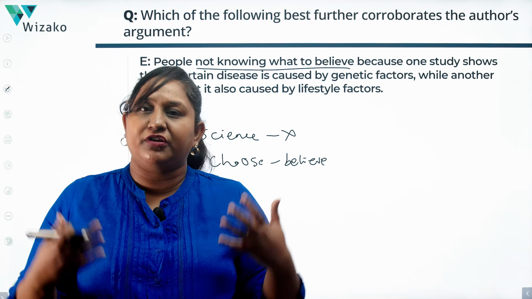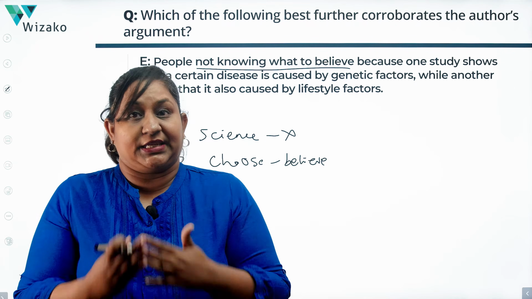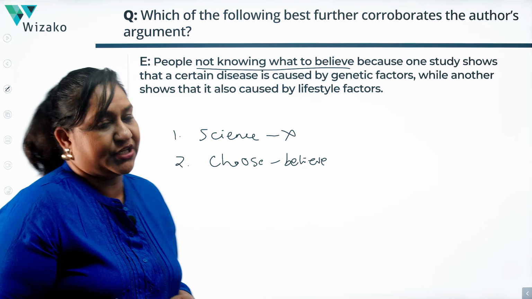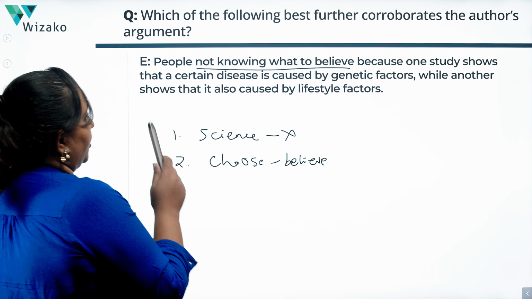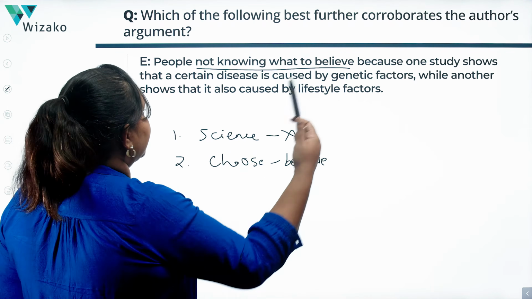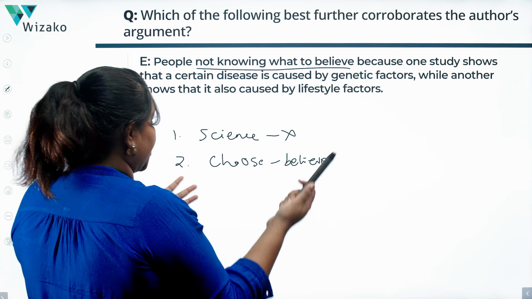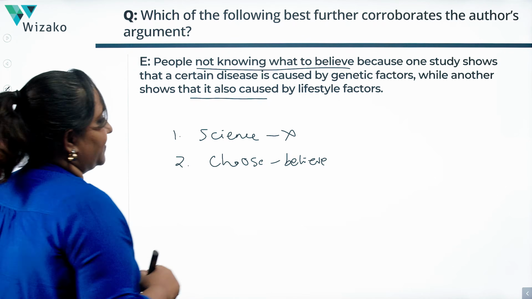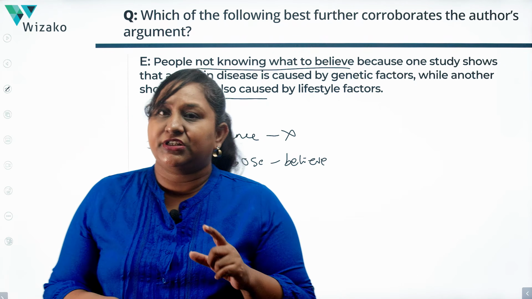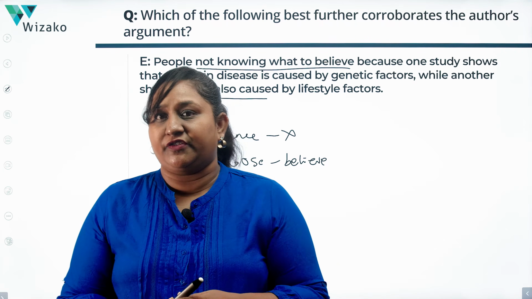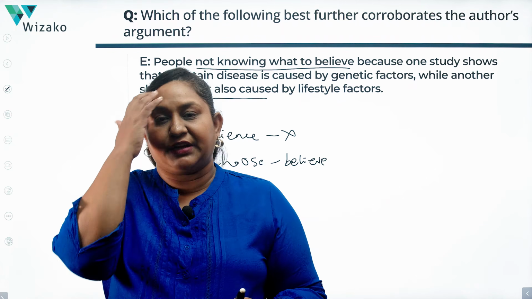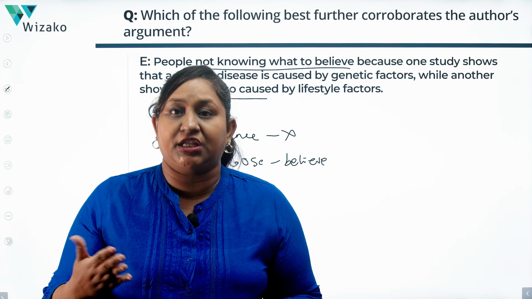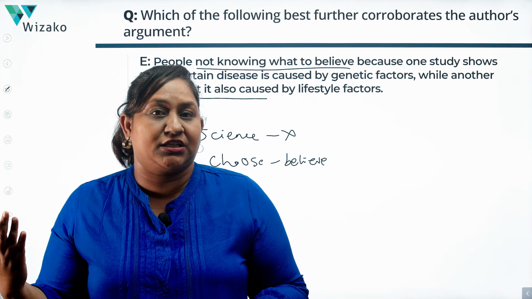So I have a lot of reservations about option E already, but let's finish reading the option. People not knowing what to believe because one study shows that a certain disease is caused by genetic factors while other shows that it is also caused by lifestyle factors. Now, the also tells me that there need not necessarily be a conflict. It can be caused by genetic factors, and then as an added reason, you can still have lifestyle as a problem.